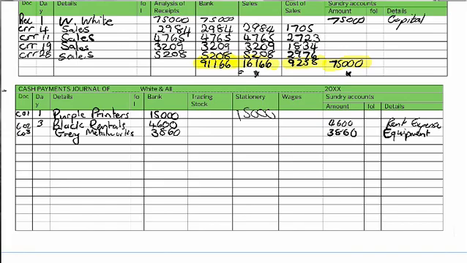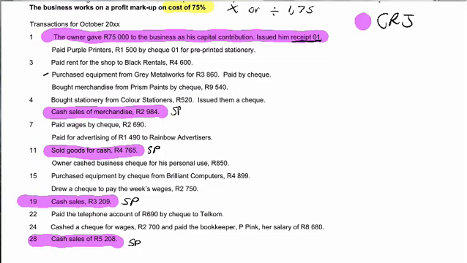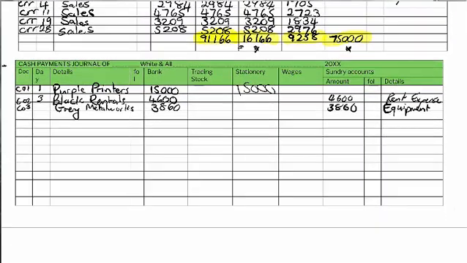Sibu, talk me through the next one. On the 3rd, we bought merchandise, we know what it is, from Prism Paints by check for 9,540 bucks.